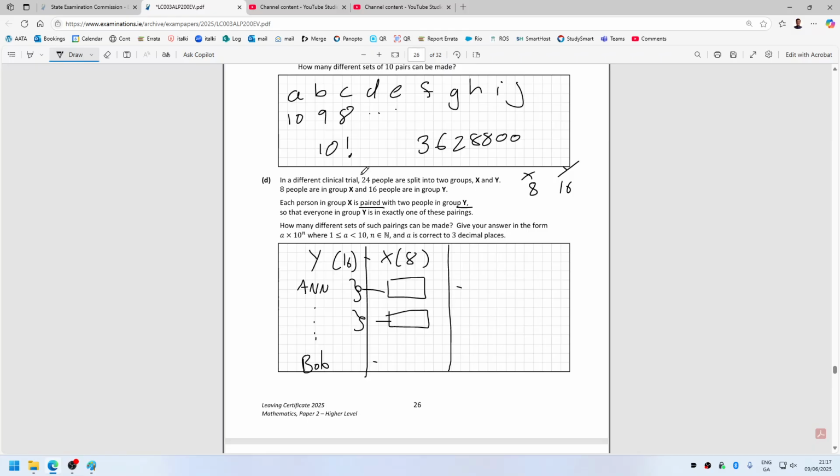So you can reproduce what's happening here by just shuffling these around. So I'm going back. I just think it's 16 factorial now. 2.092 times 10 to the 13. But I'm giving up. I'm not sure.